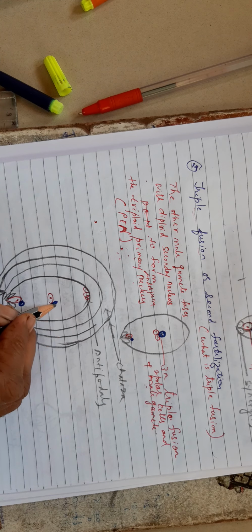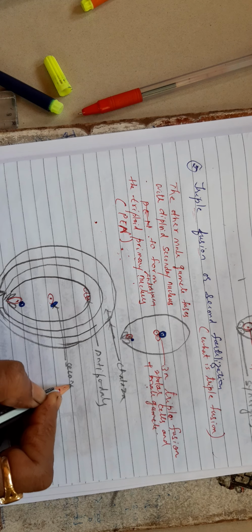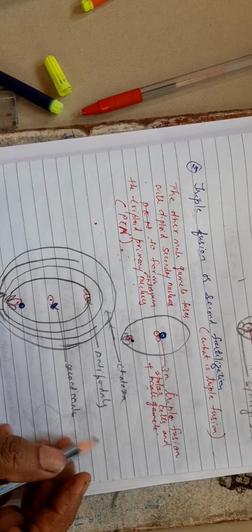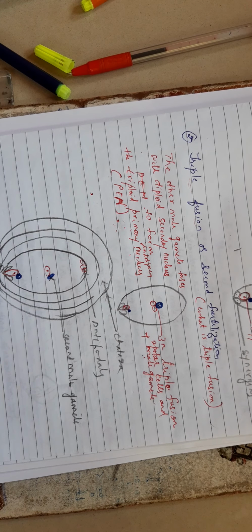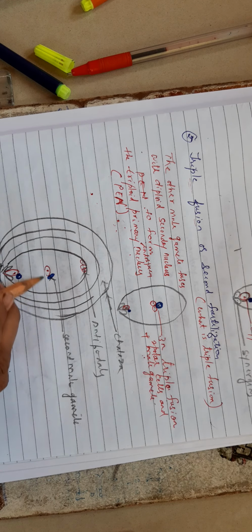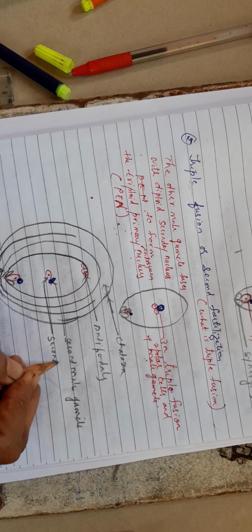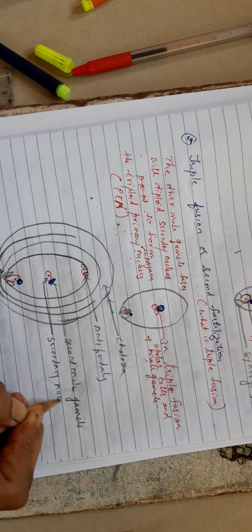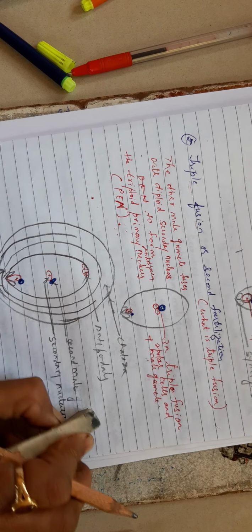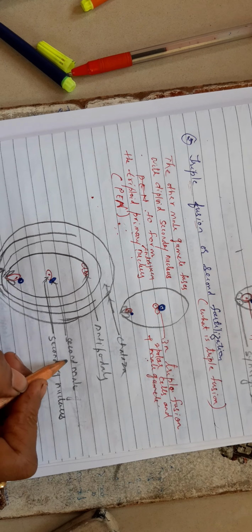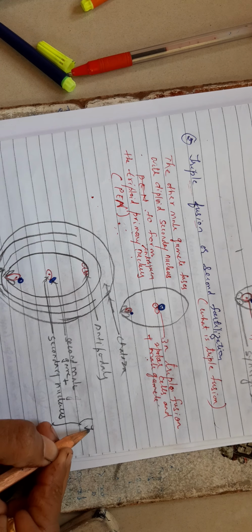Then the second male gamete. Then this is the secondary nucleus. Now this second male gamete plus secondary nucleus, this is triple fusion.